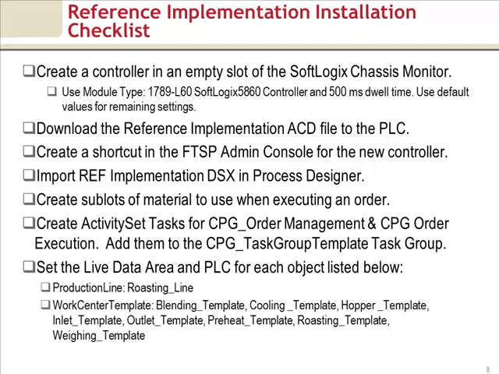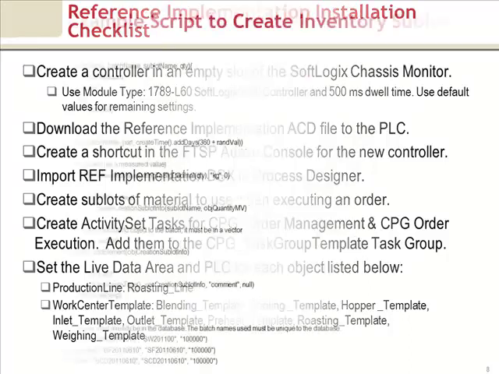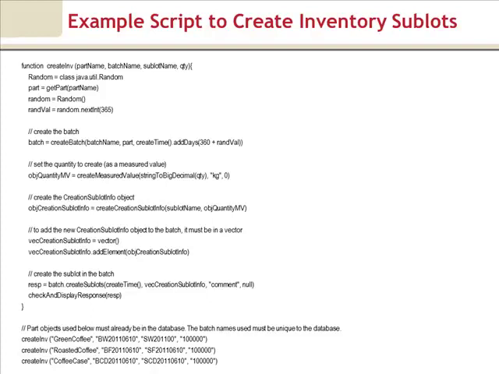Next, let's see some example Peanuts script. This slide shows an example of the script that I use to create the batches and sublots of material for green coffee, roasted coffee, and cases of coffee.